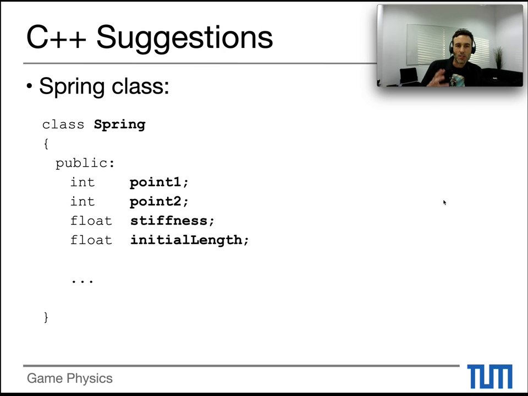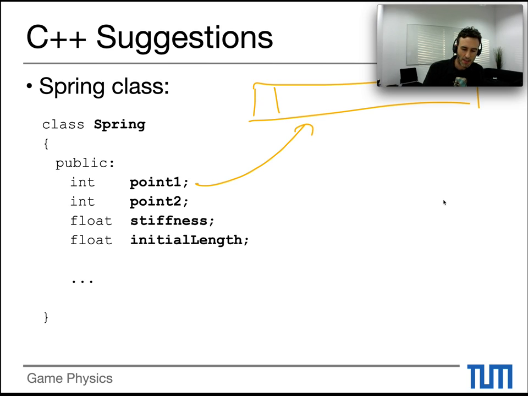We probably need some structure to encapsulate a spring. One way to do this would be to basically have two pointers. Here I am assuming that these index into a list of all the points.